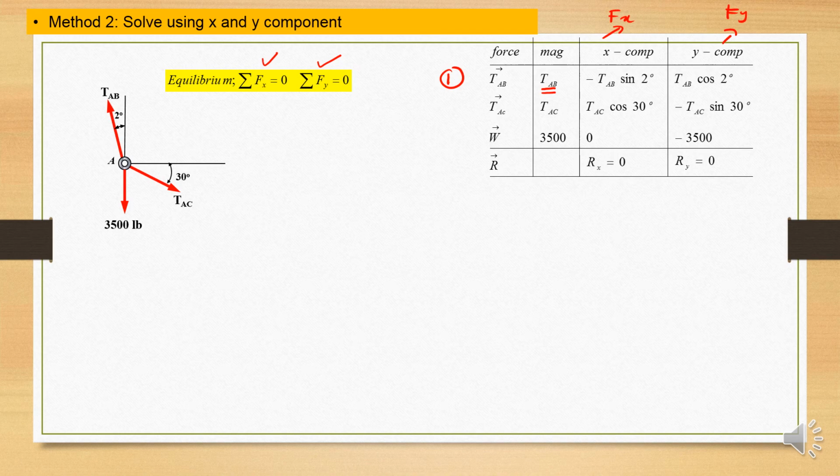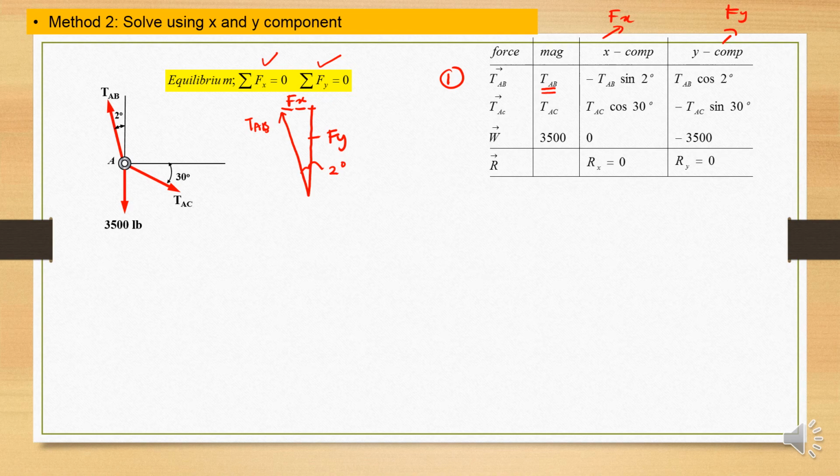In order to get the TAB in X direction, we will resolve it. It will be like this. So this is the TAB. The force in X direction will be at this point, and the force in Y direction will be at this point, and this is the 2 degree theta.